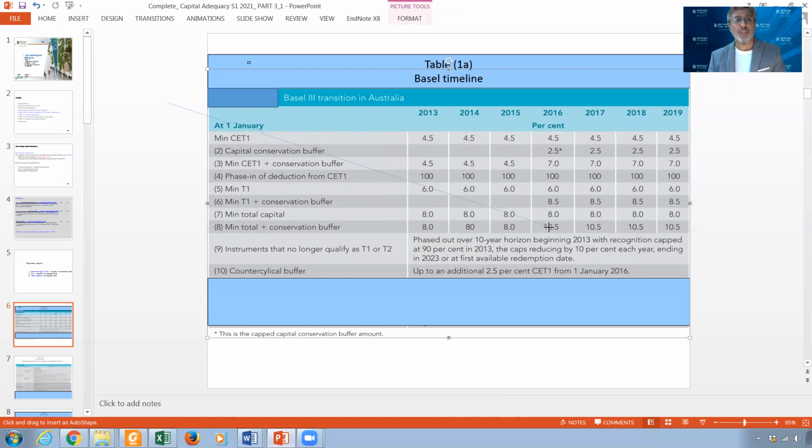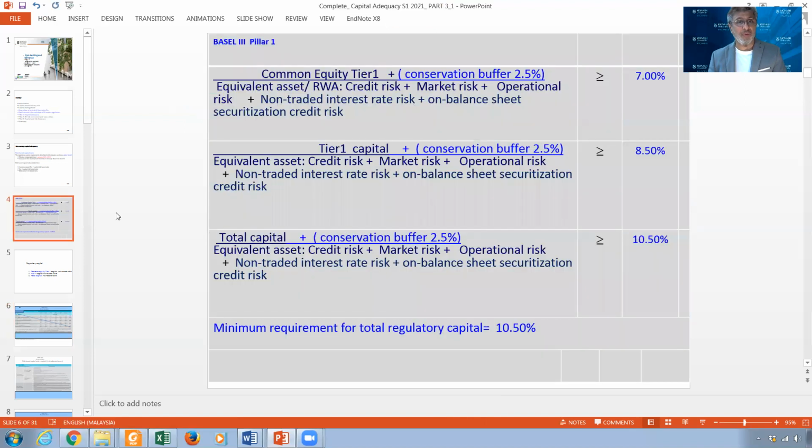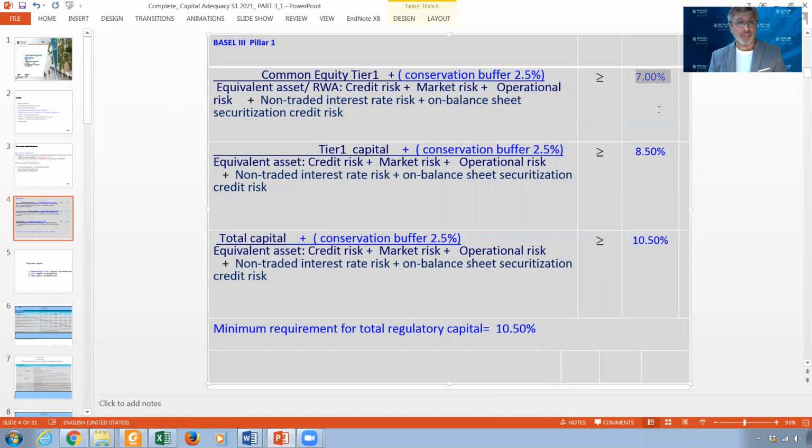We add the buffer of 2.5, and it becomes 10.5%. So according to this table, we should have at least 7%, at least 8.5%, and at least 10.5% for the total capital.